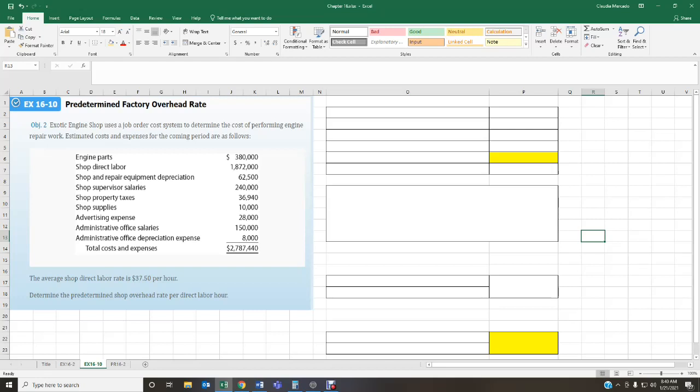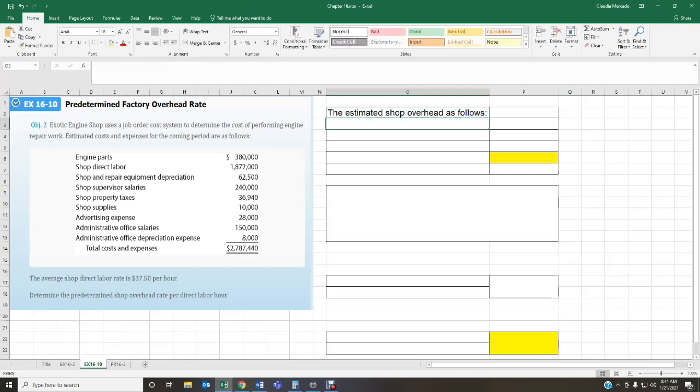So let's get started. They're first asking us to determine the predetermined shop overhead rate per direct labor hour. Before we do that, we have to calculate the estimated shop overhead as follows.